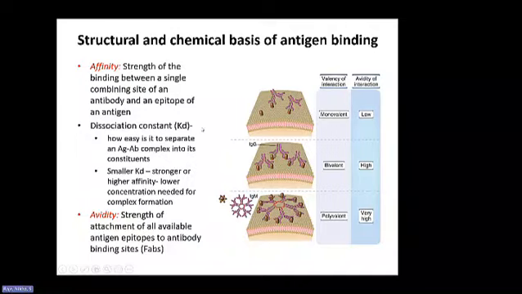It gives the number called the dissociation constant. The smaller the dissociation constant, the stronger the bond, which means there is higher affinity. Lower concentration is needed for complex formation when there is a smaller dissociation constant.